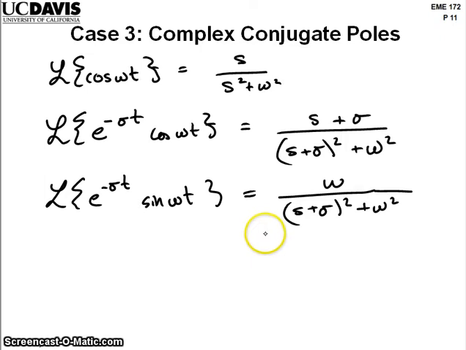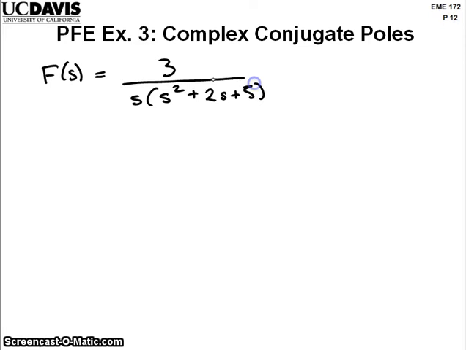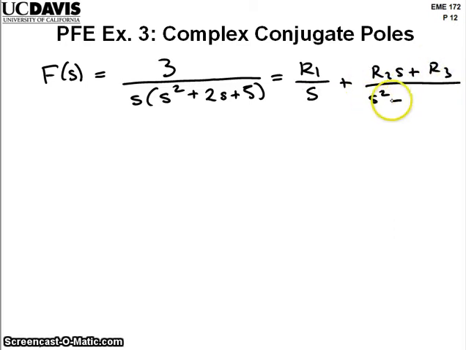Okay, so the easiest way for me to explain how to do this is to do an example. So I'm going to write my F of s is equal to 3 over s times s squared plus 2s plus 5. Okay, and I'm going to write it like this: r1 over s plus r2 s plus r3 over s squared plus 2s plus 5.